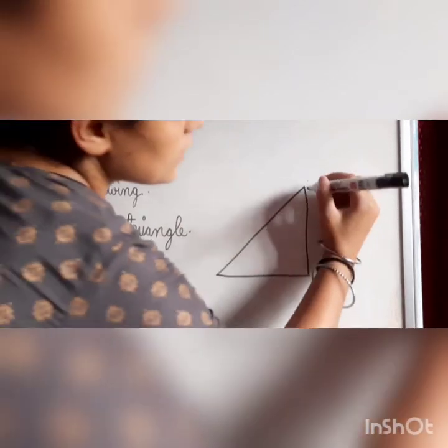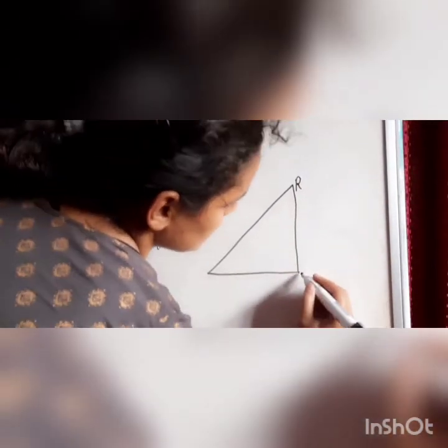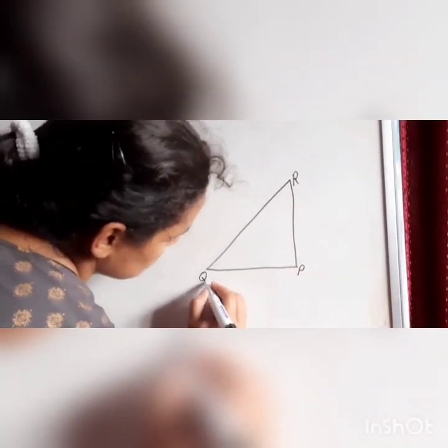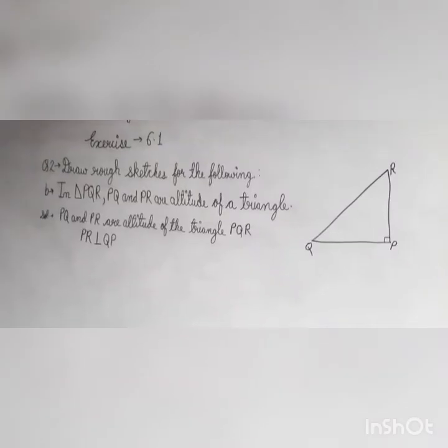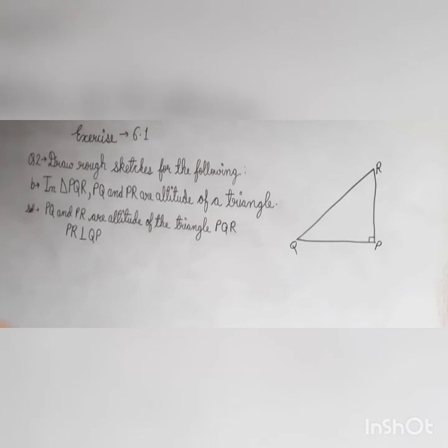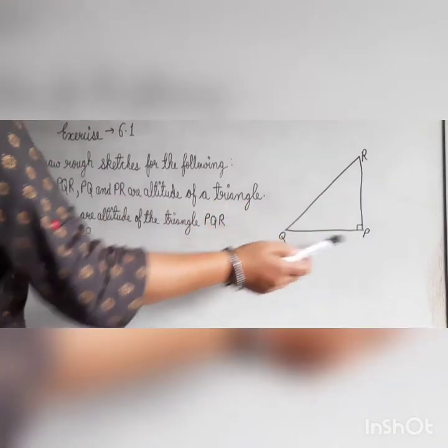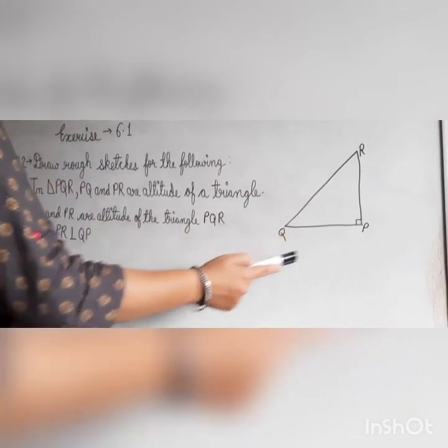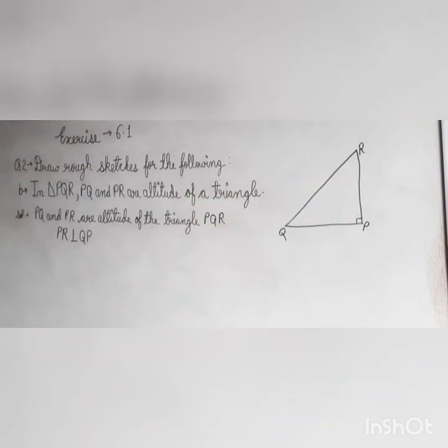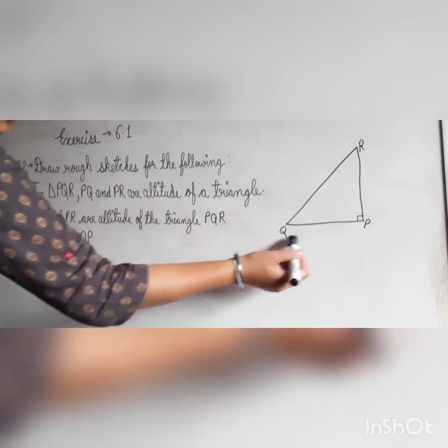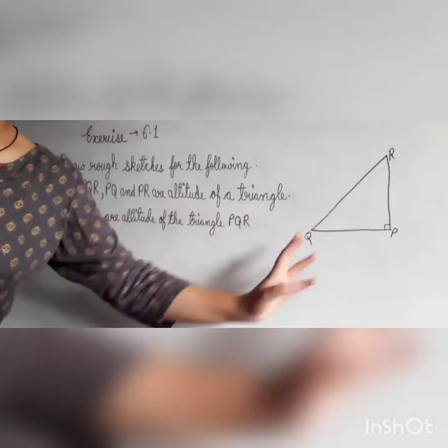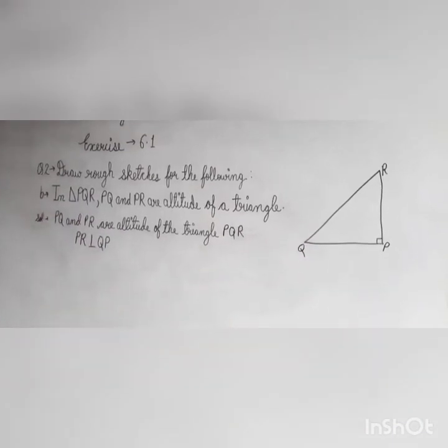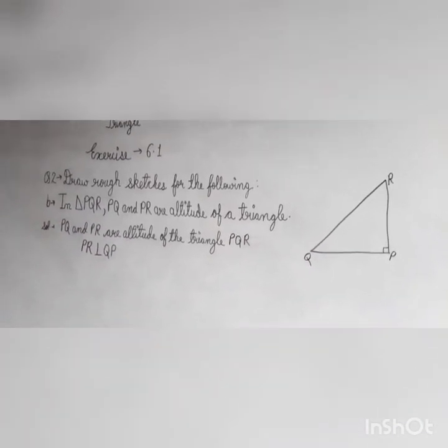You can see this is R, this is P, this is Q, and it makes 90 degrees. You can see in the figure this is PQR. PQ and PR are altitudes of the triangle. It means that PR is perpendicular to PQ. You can write QP or PQ. This is your question number second B part.